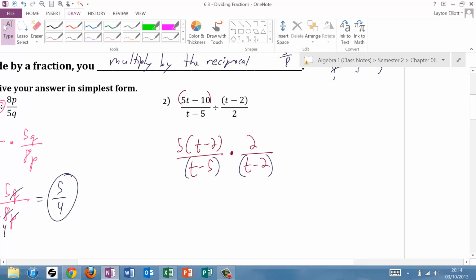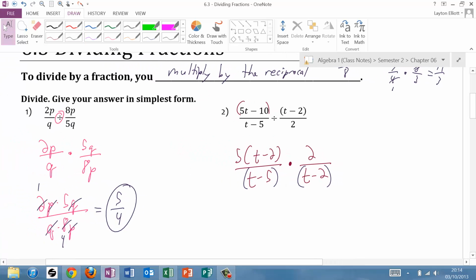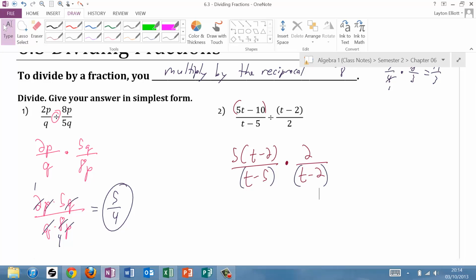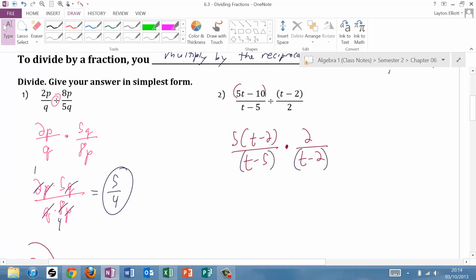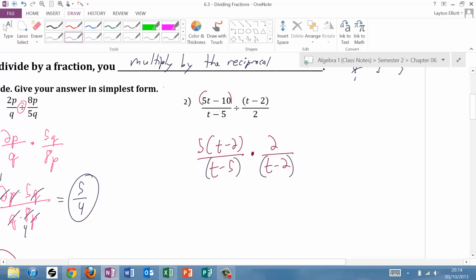I'm also going to check to see that we don't have restrictions. So this is divide, give your answer in simplest form. It doesn't strictly say anything about restrictions, so I'm going to say, just for practice purposes here, let's give restrictions with one variable. When there's one variable in the problem, let's give our restrictions, just to be clear.